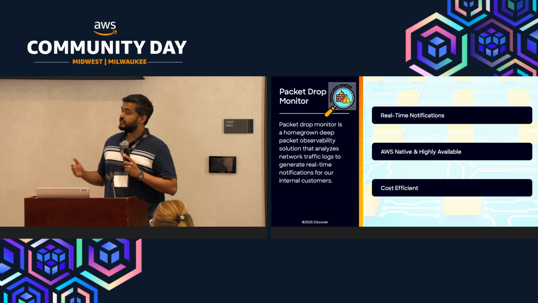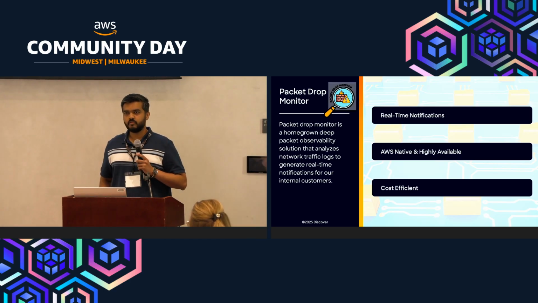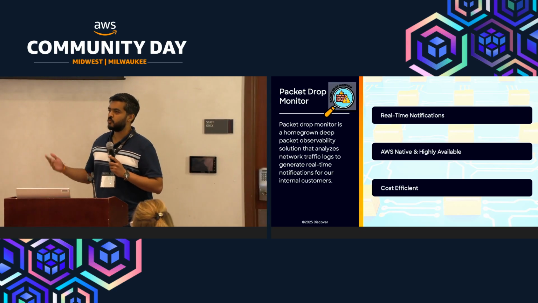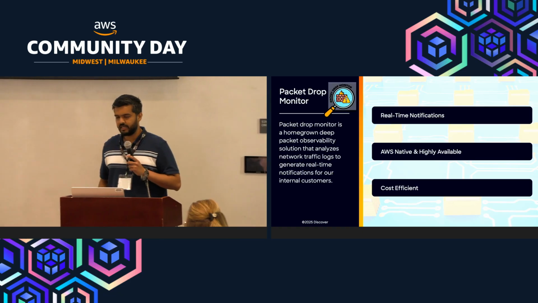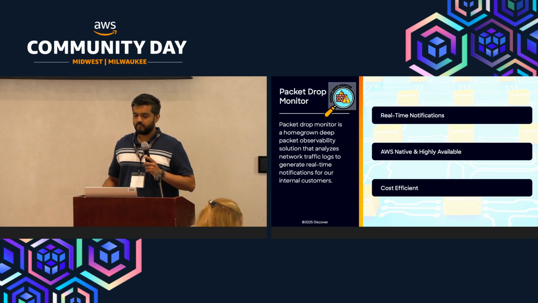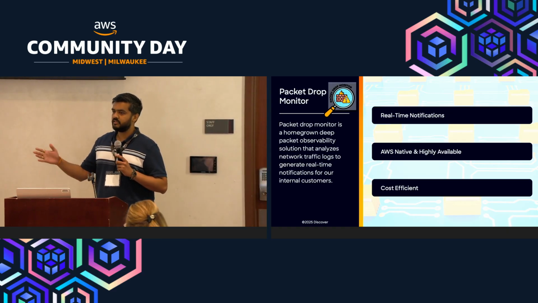This tool sends real-time notifications to the end user. So for example, if my colleague David has an EC2 instance in Spoke VPC 1, if you remember from the past slide, and if he wants to reach a destination in Spoke VPC 2, and for some reason a packet is dropped at a certain firewall location.